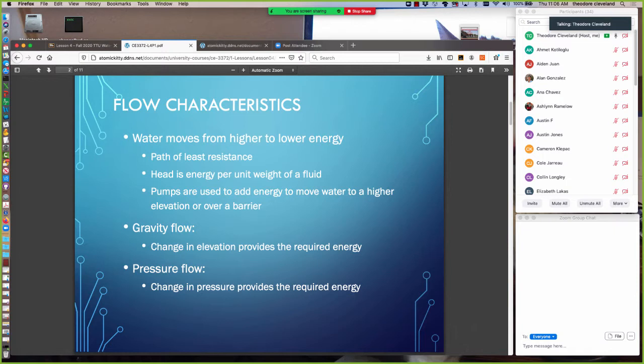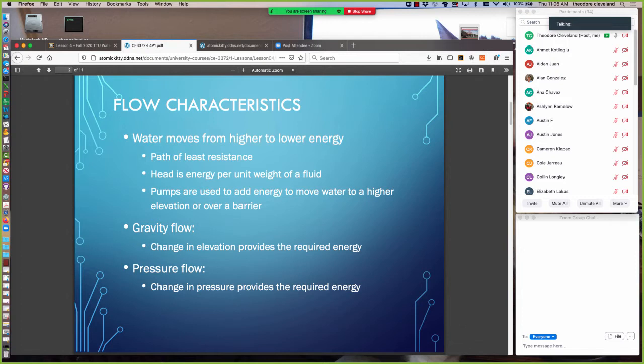Just some real brief introduction or refreshing the memory. Water, at least on our planet, moves from higher to lower energy following the path of least resistance, and we use a measure of energy called head, which is the energy per unit weight of a fluid. To add energy to a system, we use a pump.